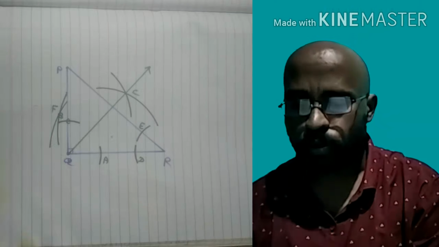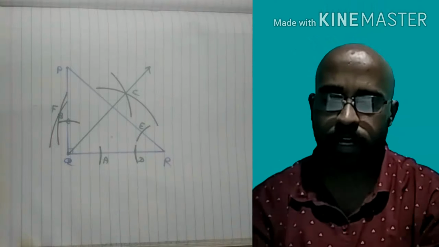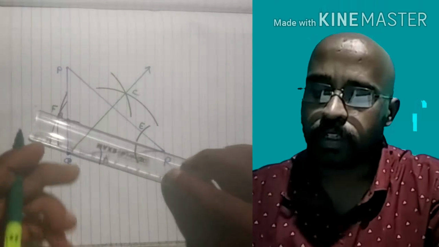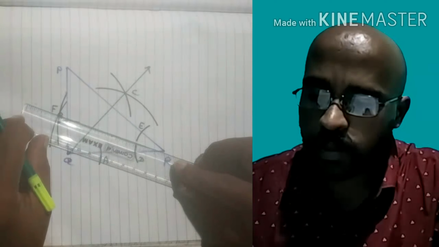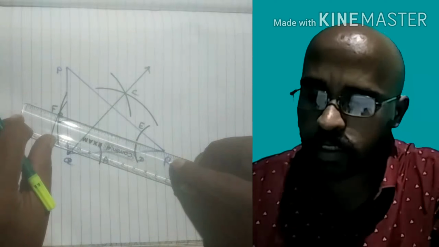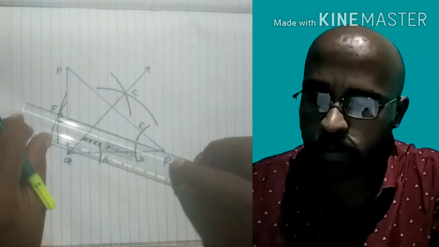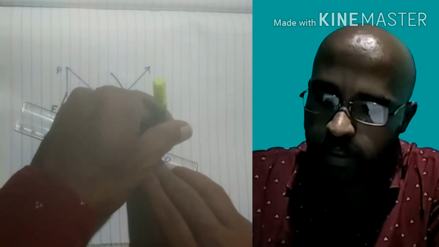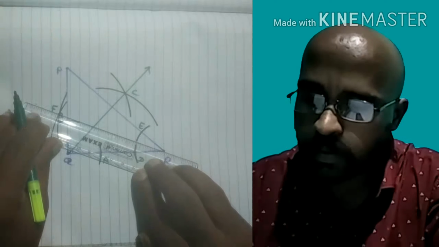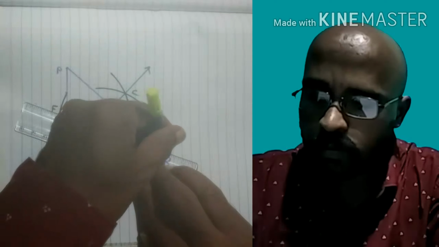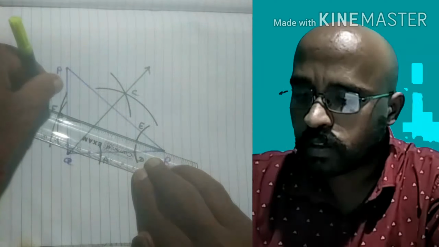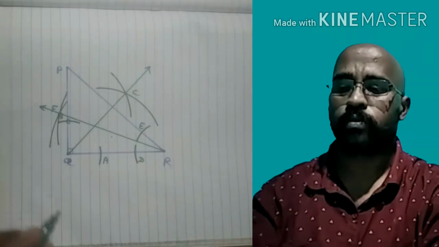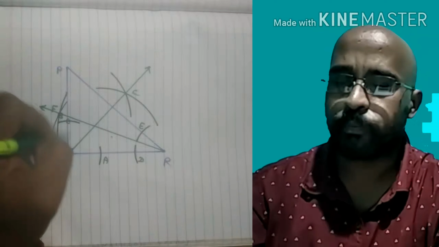Okay, so let's draw one ray connecting point R and F, which will be the angle bisector of angle PRQ. Done. And the final step is we have to bisect this angle QPR.